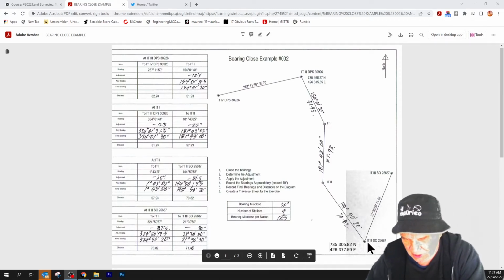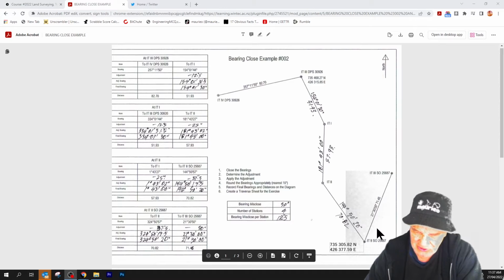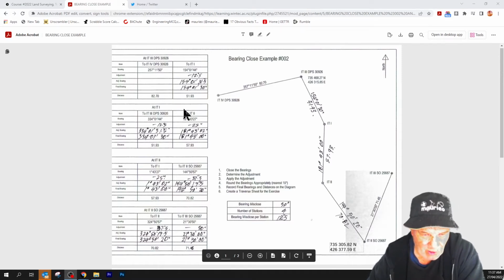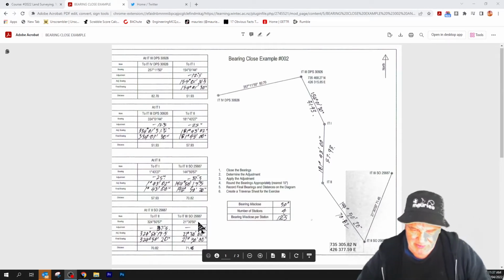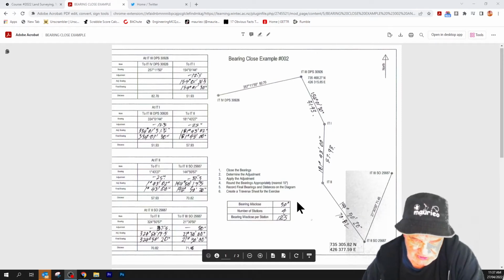But iron tube 2, you'll note that they're old iron tubes because they've got the black centres, is a bearing that we know to be 21.30. We, however, carried forward this bearing to get 21.30.50. So we have a bearing misclose of 50 seconds.